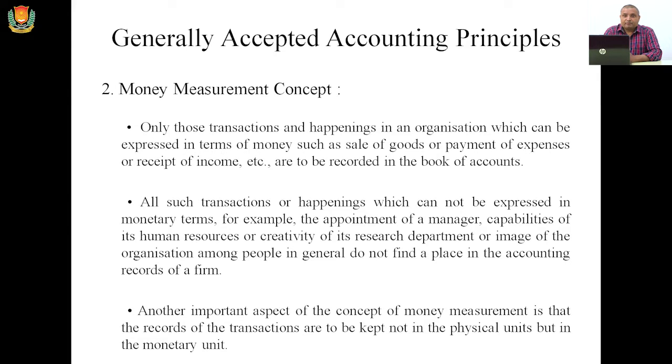For example, if a owner of the business dies, the result can be closure of the business. But since death of the owner cannot be measured in monetary terms, it cannot be recorded in the books of accounts. So only those transactions and events will be recorded whose monetary measurement is possible.